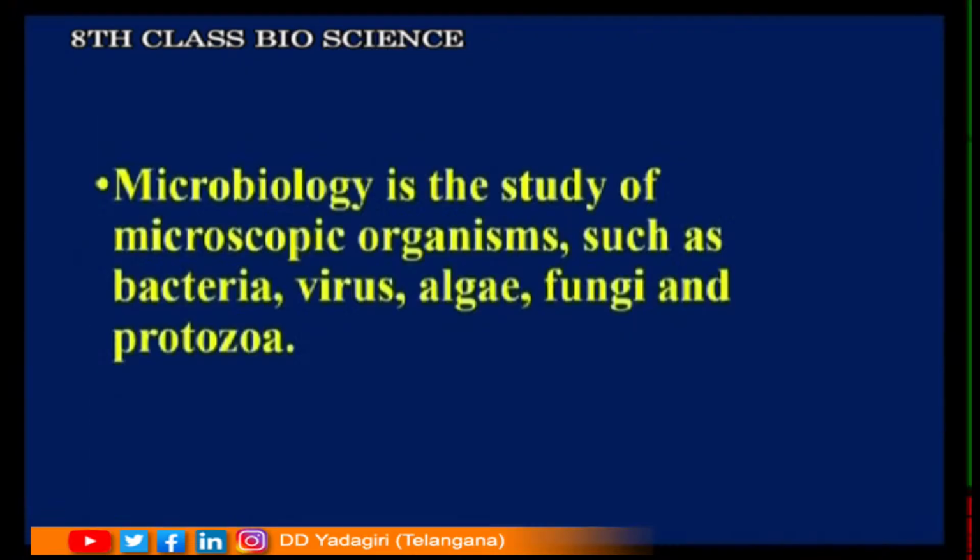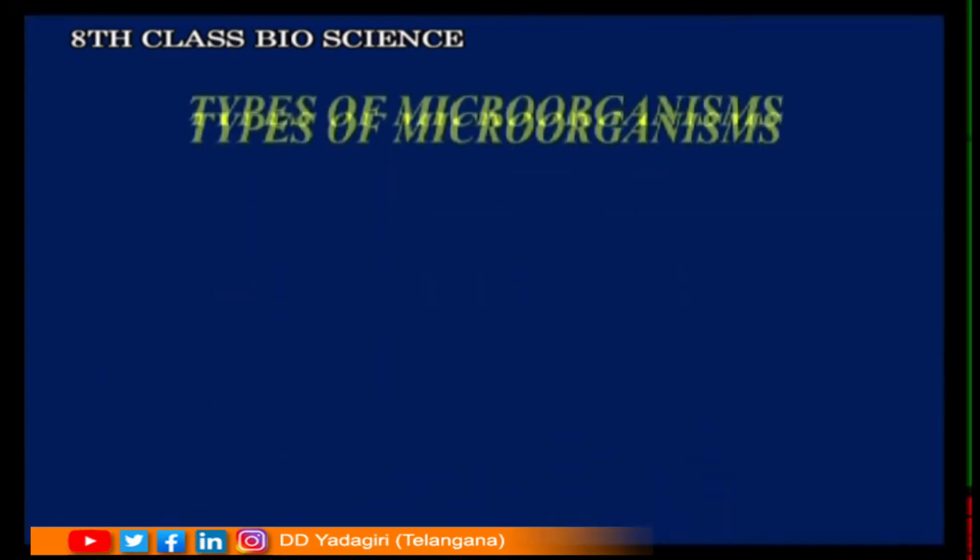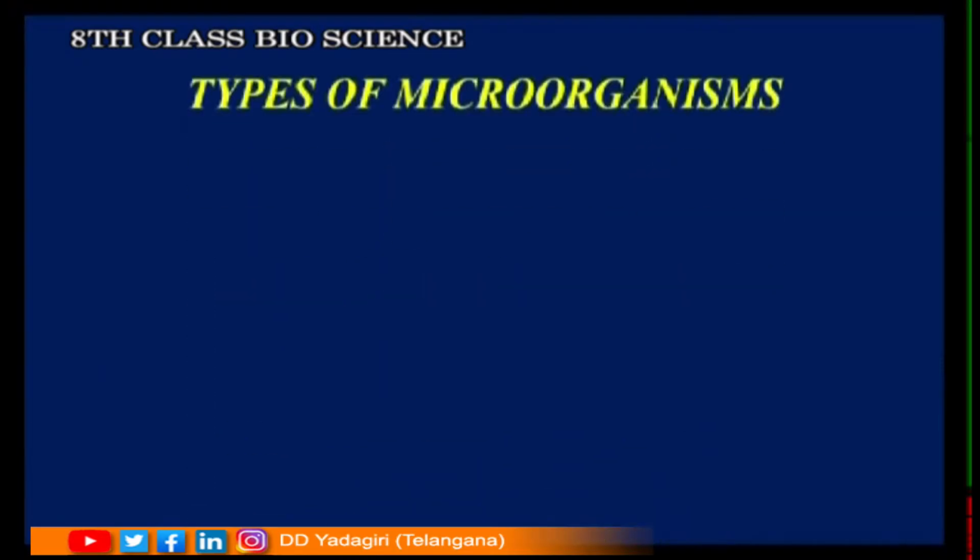Microbiology is the study of microscopic organisms such as bacteria, virus, algae, fungi and protozoa. These are all the minute microorganisms and their study is particularly called microbiology. What are the types of microorganisms?